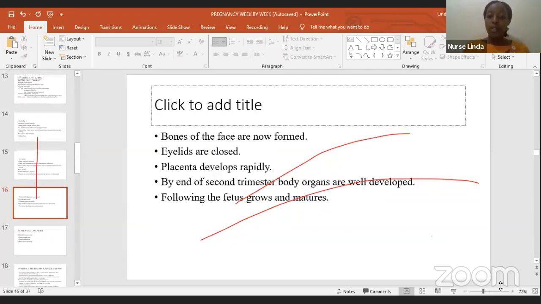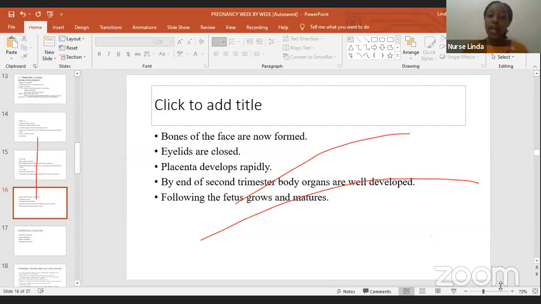And now we have also the bones of the face that are forming, the eyelids of the embryo are closed, and the placenta is developing. Now the placenta is that organ that is able to nourish the embryo while in the womb. You remember at this point, the embryo is not able to produce food for itself, and has not developed lungs to be able to take in oxygen.